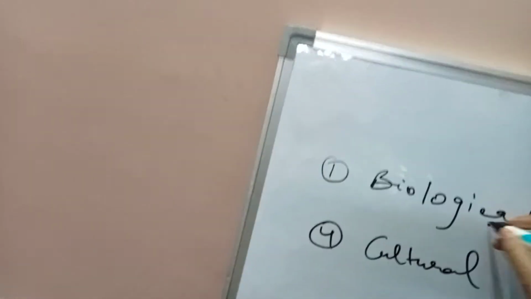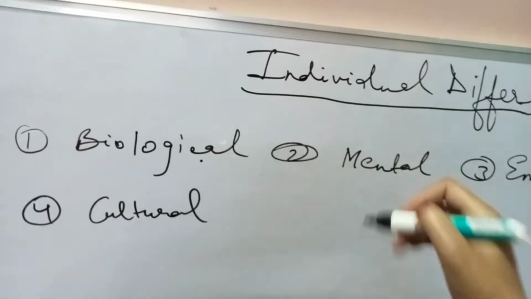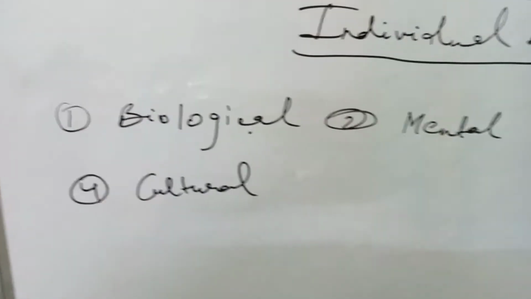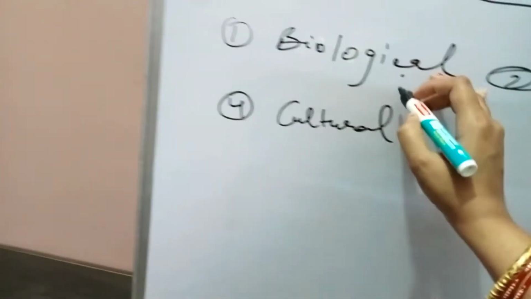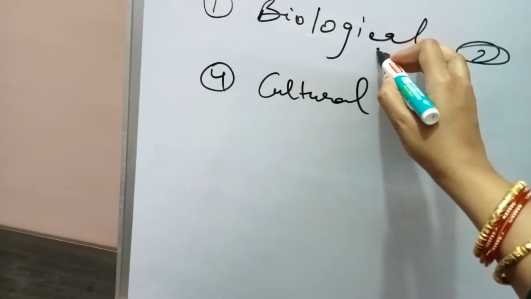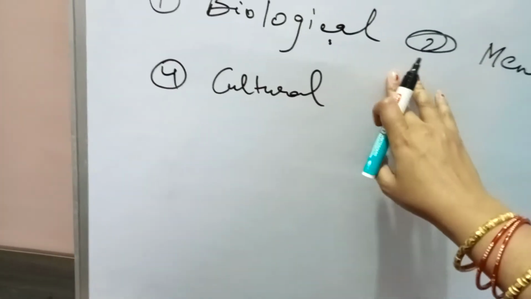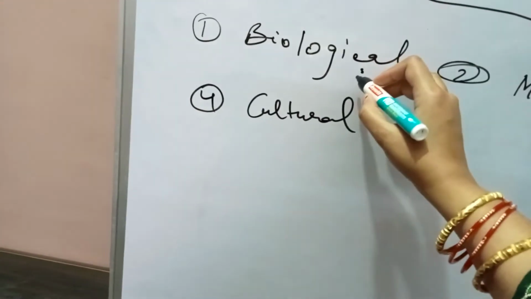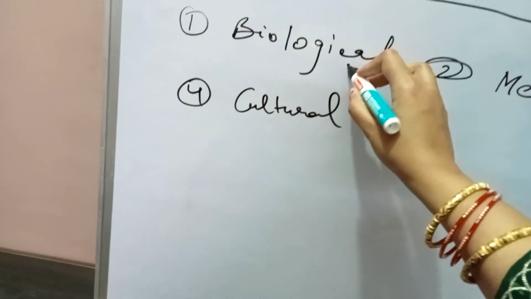For example, biological individual differences, mental individual differences, emotional individual differences, or cultural individual differences. Biological individual differences means differences on the basis of biology, on the basis of heredity.